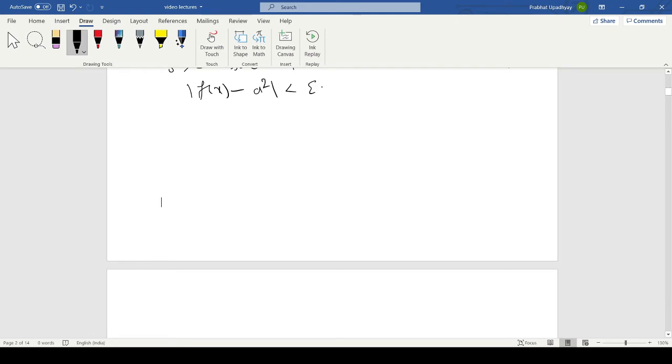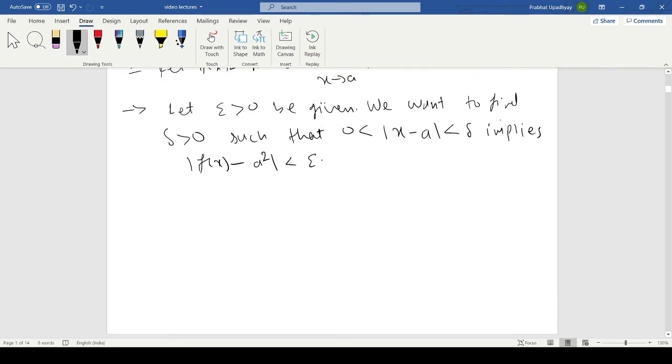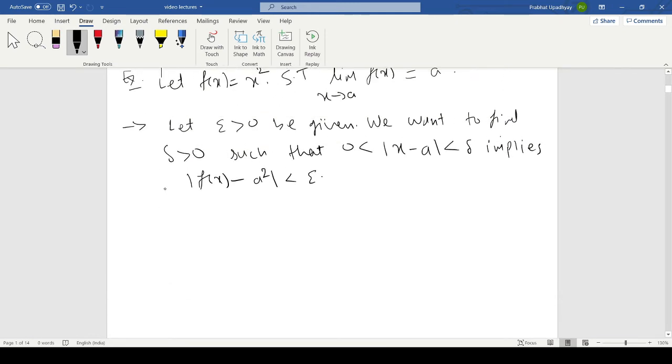Now let's analyze this term mod f(x) minus a square. It is the same as mod x square minus a square, and you can write it as mod x minus a into mod x plus a.